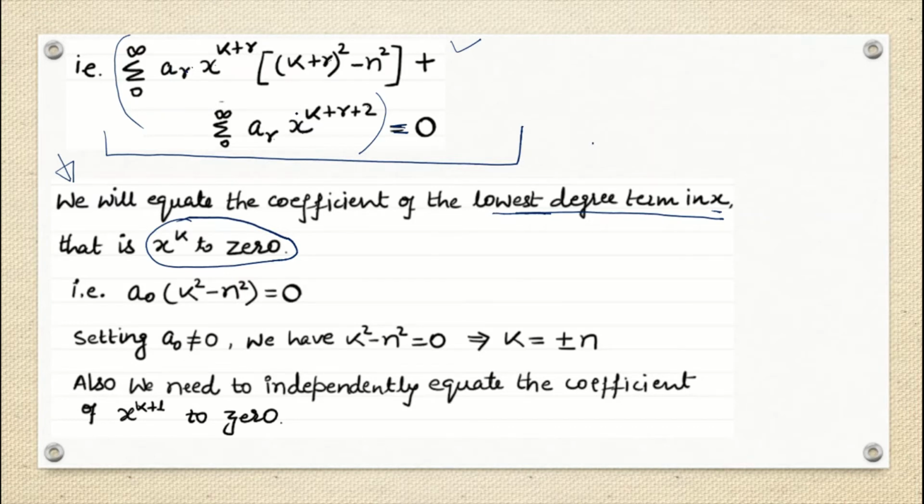And how will the terms independently be 0? Because you cannot make x 0, otherwise you won't have the equation. You cannot make n 0, because n is the order which is given to you. This is something constant which is given to you, and even k is also a constant.